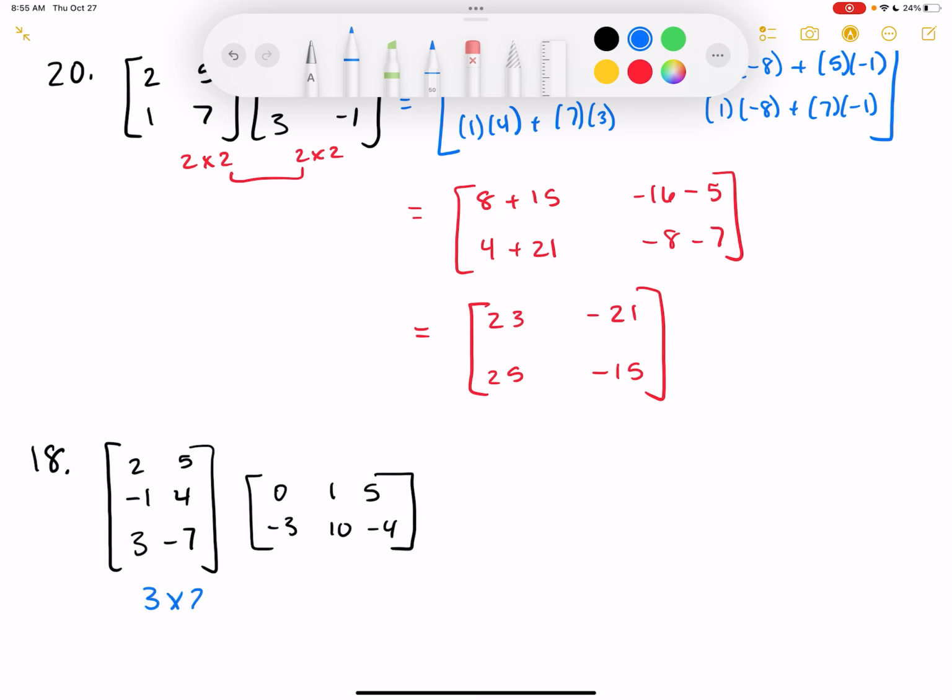Now what's the other one? 2 by 3. Yep. I have a question. So is it columns by rows? Rows and columns. 1, 2, 3 rows, 1, 2 columns. I thought the columns were vertical and rows were horizontal. They are.